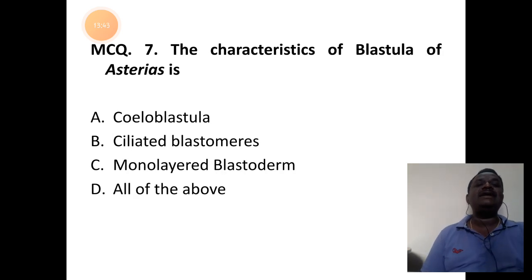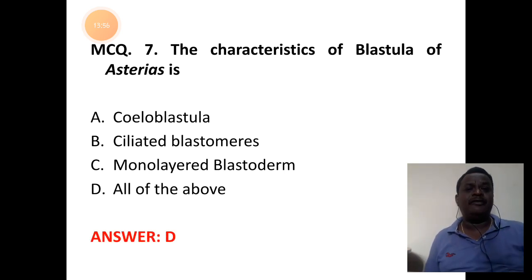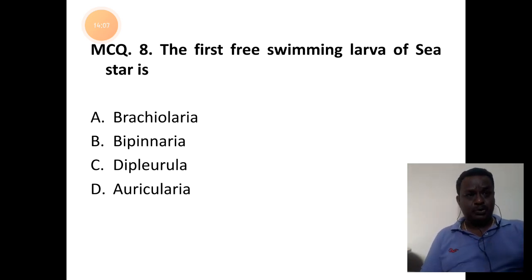The characteristics of blastula of Asterias are, it is coeloblastula, it has ciliated blastoderm, it has monolayered blastoderm. So all the three are there. So answer is D, all of the above. The first free swimming larva of Asterias is, of the three, which is the first free swimming larva? It is Dipleurula larva.